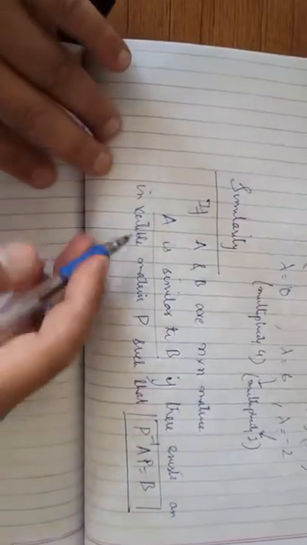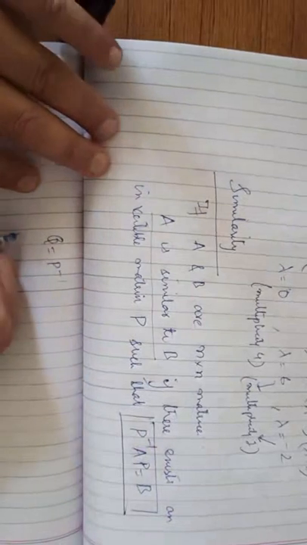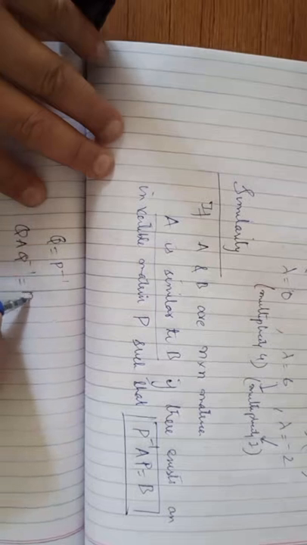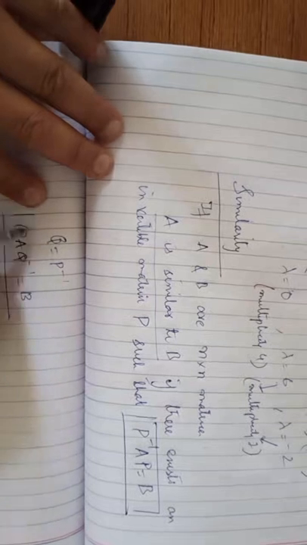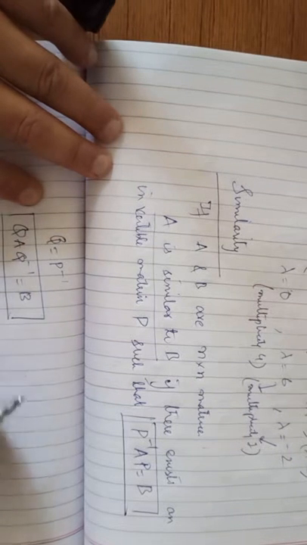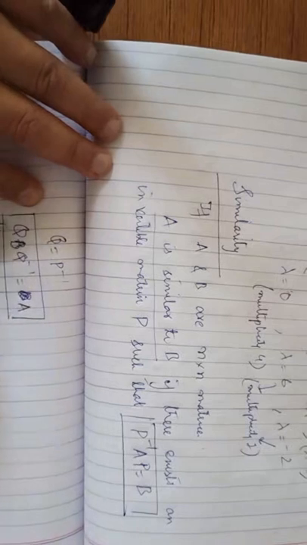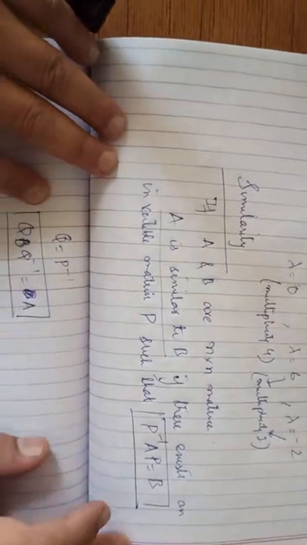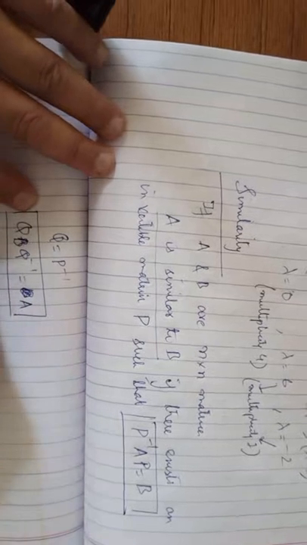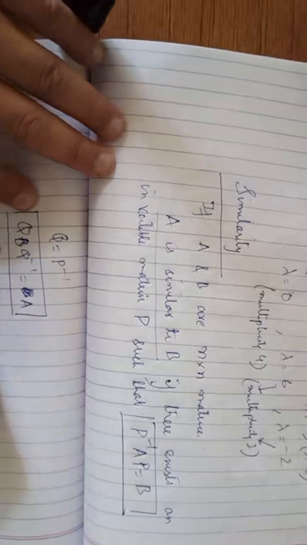If Q is the inverse matrix, which you can write as P inverse, this can equally be written as Q A Q inverse equals B, or A equals Q inverse B Q. So you can actually change that order, and we can say B is similar to A. This is what we call a similarity transformation.